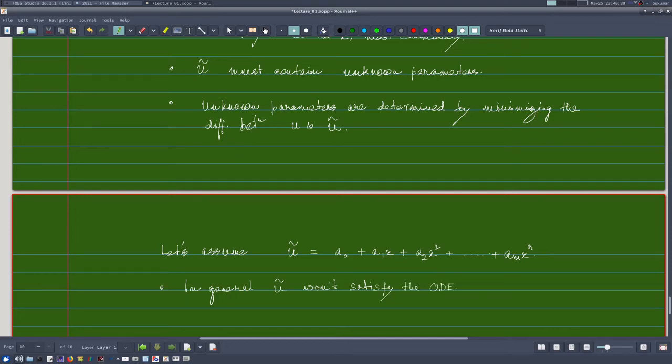In some other case, time dependent problem, it may be PDE, or in a 2D problem it may be a PDE, etc. It will not satisfy the ODE at all points within the domain.